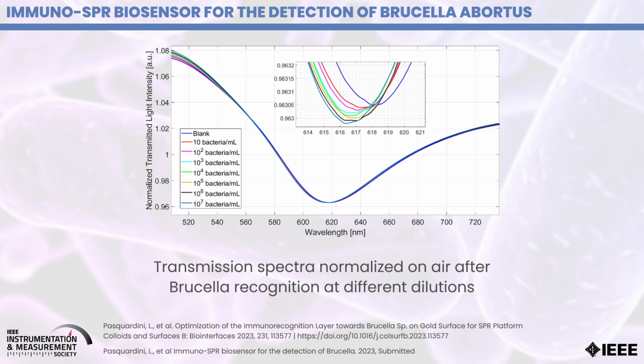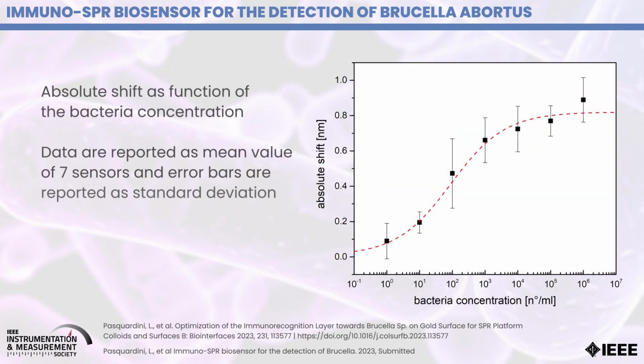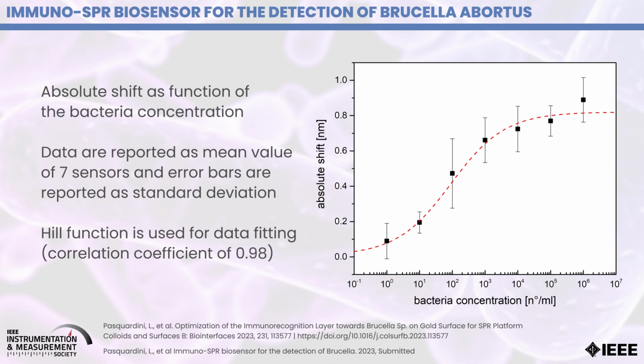As can be seen, the SPR wavelength is shifted toward lower values with increasing concentration of bacterium in the solution under test. While figure B reports the so-called dose response curve, useful for quantification in real samples.